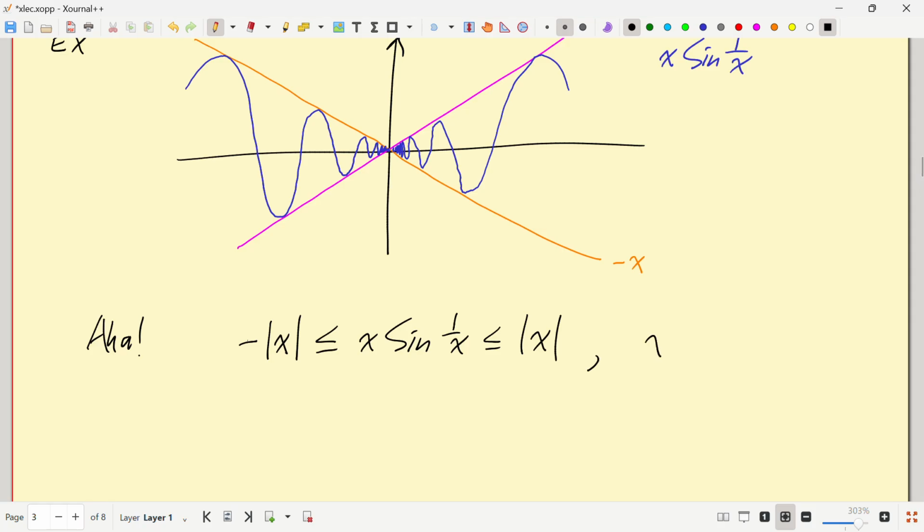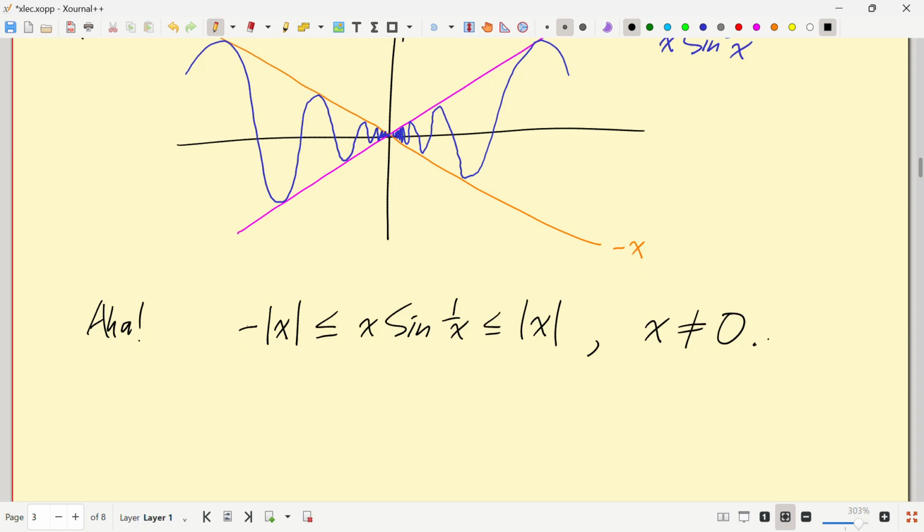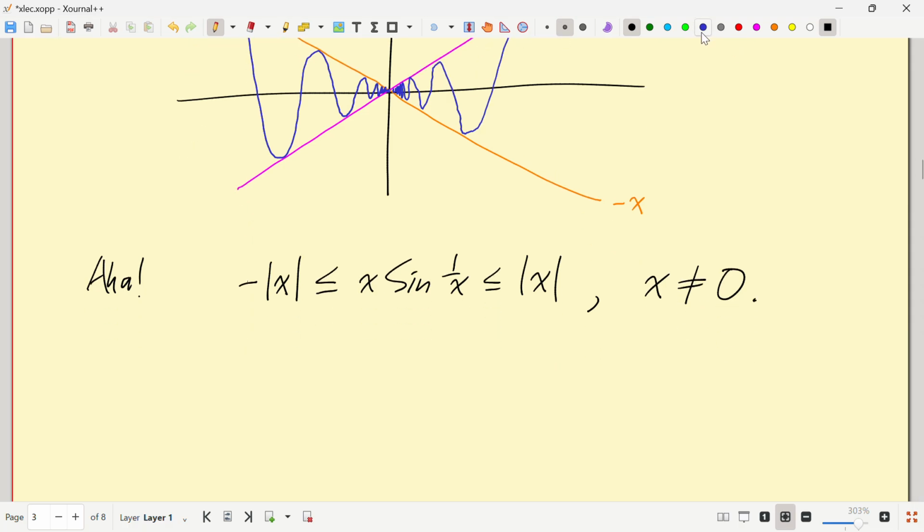This is for x unequal to 0. That thing's not defined at x equals 0, but now I see what I should define it as. I should define x sine 1 over x, a function, to be 0 at 0. That would make it continuous. We're going to talk about continuity in the next lecture. So this goes to 0. This goes to 0 as x tends to 0.